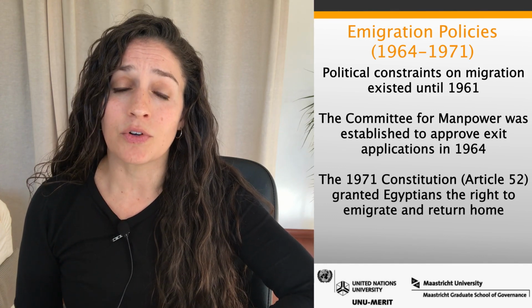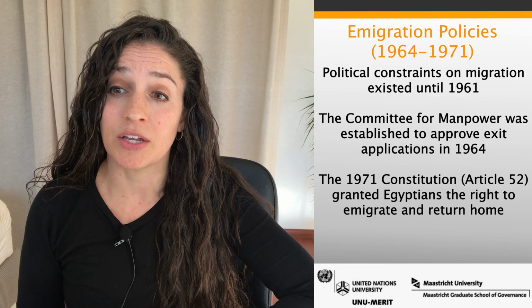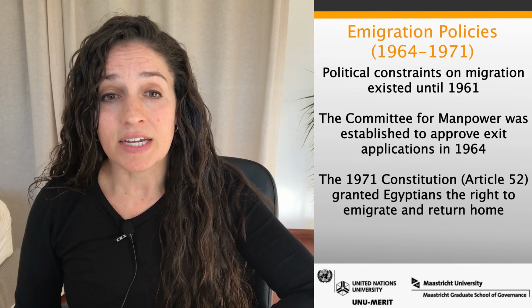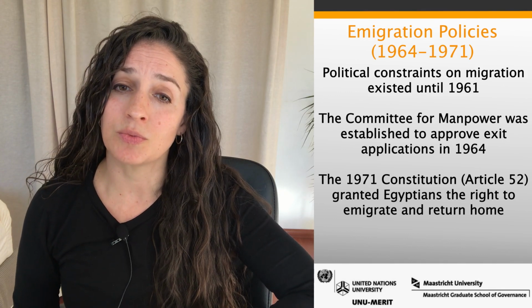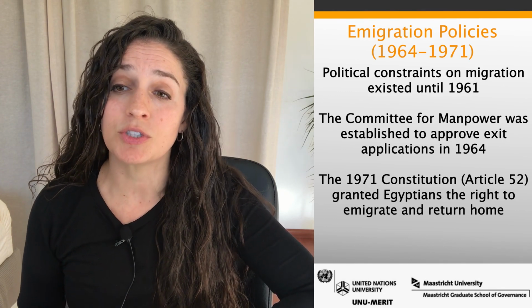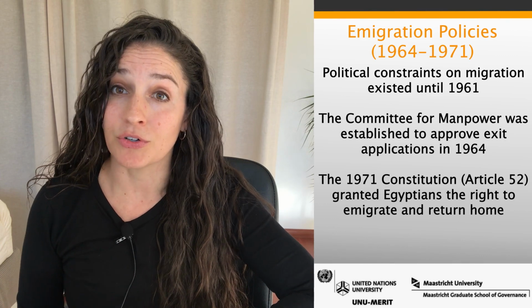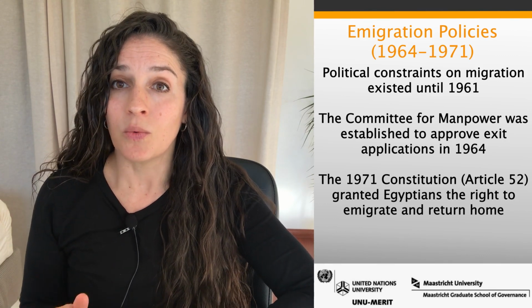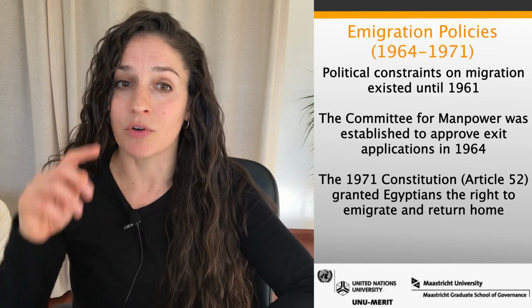In 1964, the Committee for Manpower was established and authorized to consider applications for emigration. And in 1971, the Constitution with Article 52 granted Egyptians the right to immigrate and return home. So really in 1971 was this major shift where now migration was a right for all Egyptians.